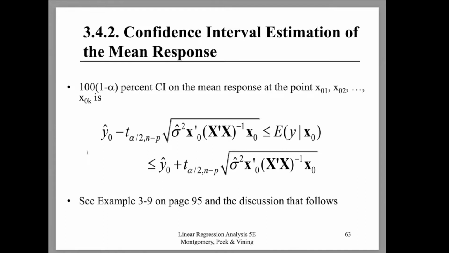And the margin of error is equal to the product of an interval coefficient and the estimated standard error of the point estimator. Now, in this case, the estimated standard error of the point estimator is a little different because this is a different quantity that we're estimating, and the point estimator is different as well. The estimated standard error of the point estimator for the expected value of y at a particular value of x is the square root of sigma hat squared, or MSE, and then we have this quadratic form.